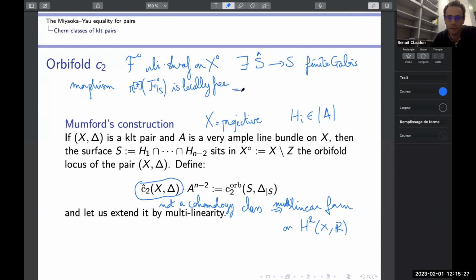And then we can define the C2 orbifold, the Mumford C2 of this F, as follows. You have to divide, of course, by the degree of the cover. And here you take the C2 of the pullback.